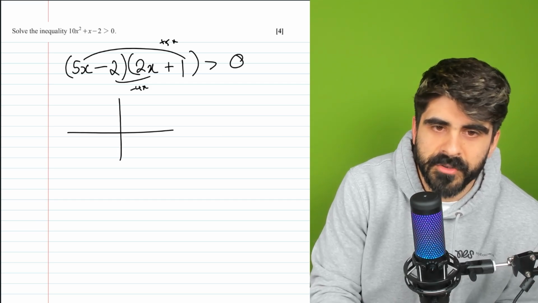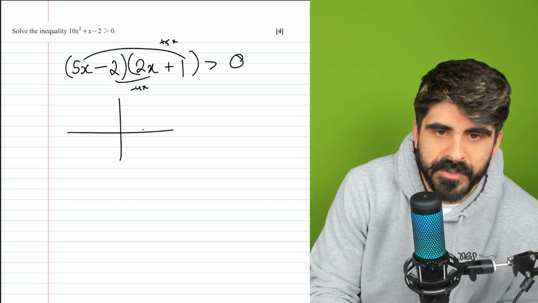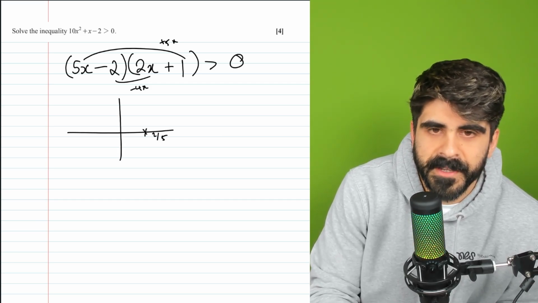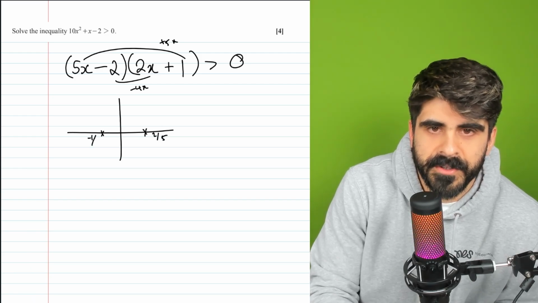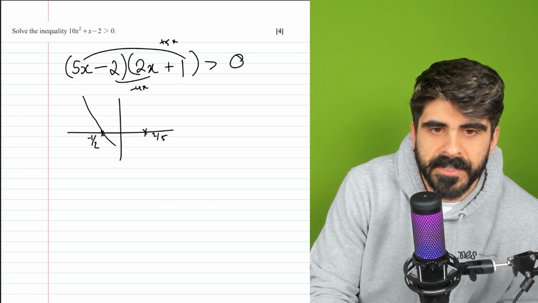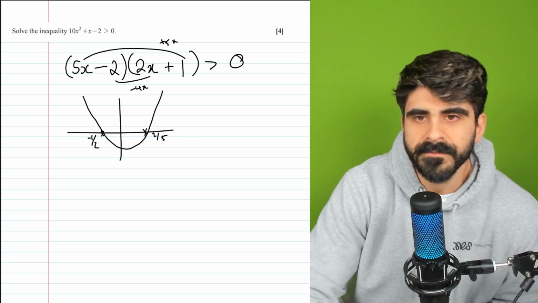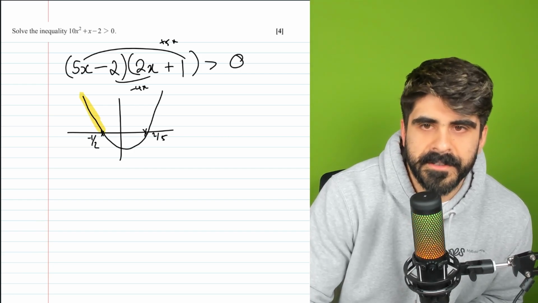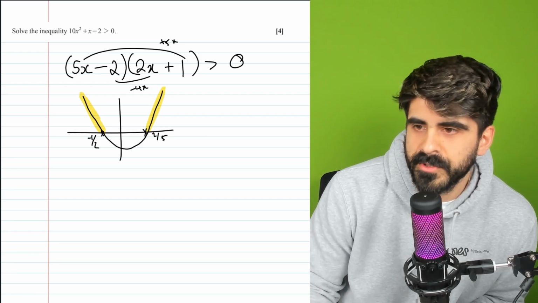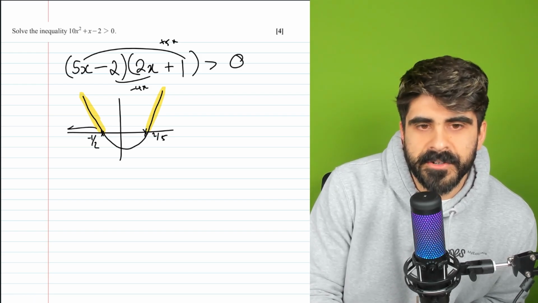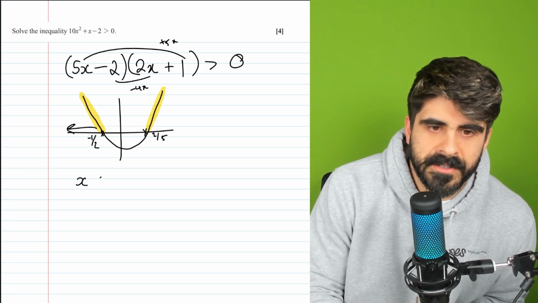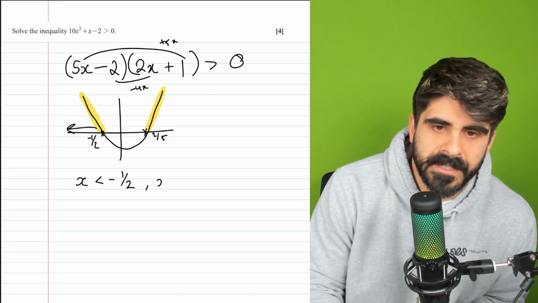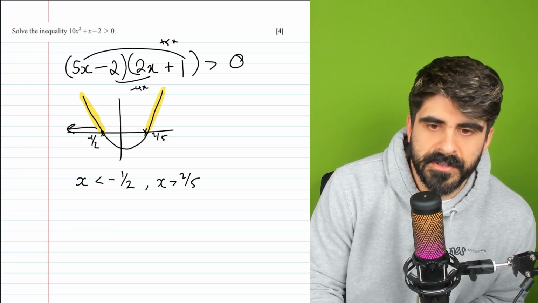So if I draw my graph, I have 2/5 and minus a half, and then it looks like this. I want to know when it's bigger than 0, which is all of those. So bigger than 0 means I need this: x is less than minus a half, and x is greater than 2/5.